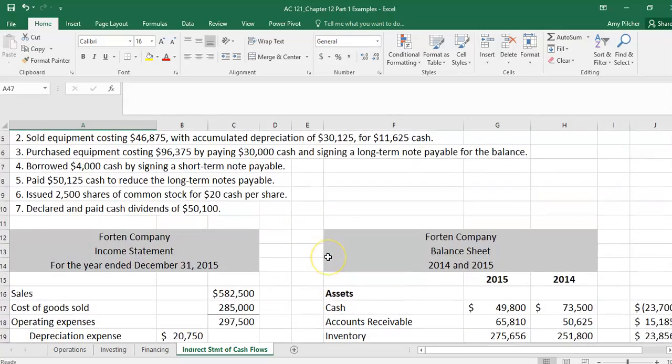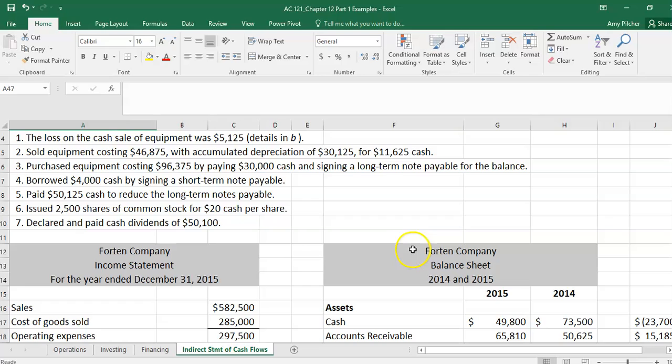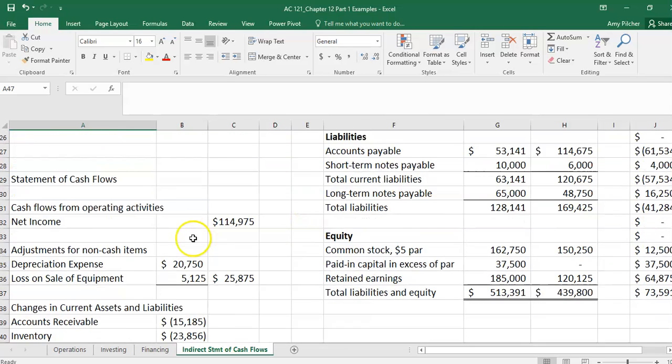So we come up here and we look for information about long-term investments. So we see that in all of this information we have a sale of equipment and a purchase of equipment. And those are the two items that we have that are affecting long-term assets.